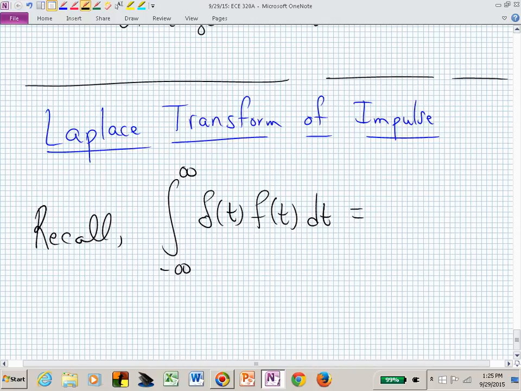If f of t was replaced and I said, let me just make that 1, f of t is 1, what's the integral of the impulse? What's the area under the impulse? It's 1, isn't it? For those of you listening, you missed that hint. The area under an impulse is 1.